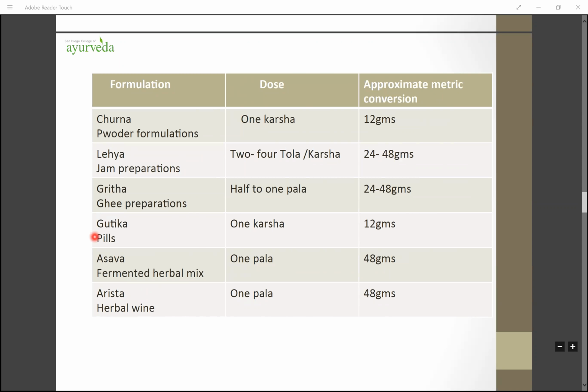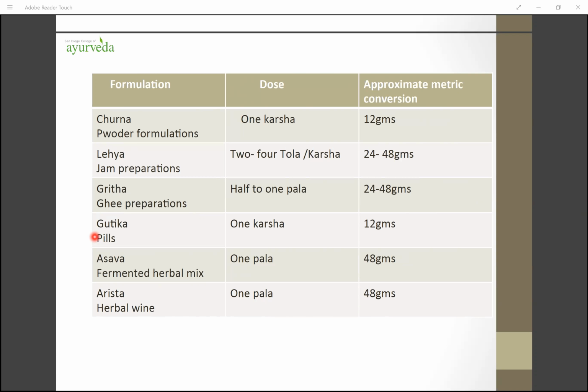Gutika. Gutikas are basically pills that you roll and make into small circular pills. The age-old Ayurvedic pill formulation was these gutikas that you roll. You make a paste of whatever your medicine is, and then finally you roll it into small balls.